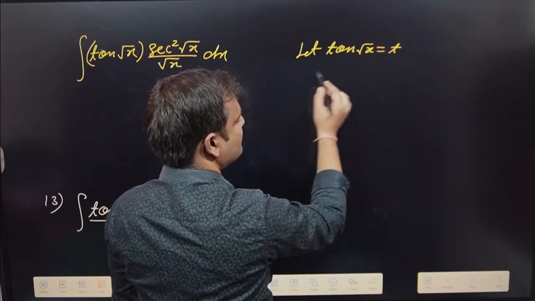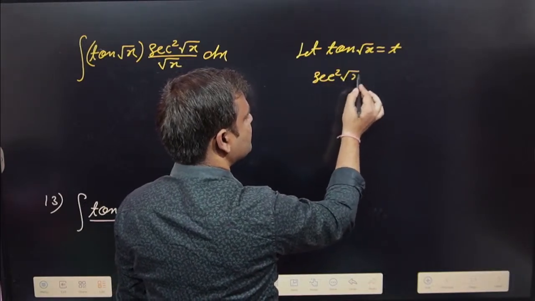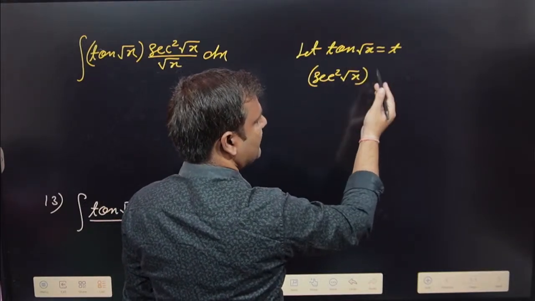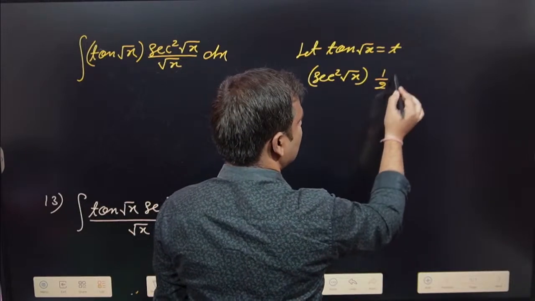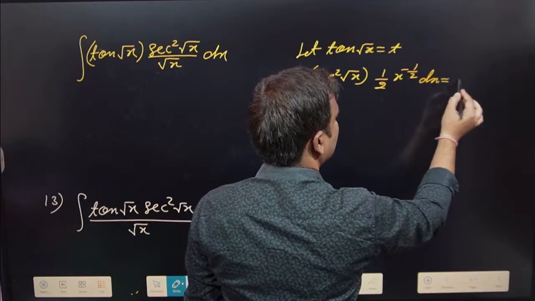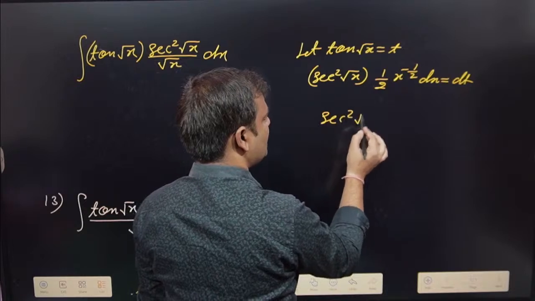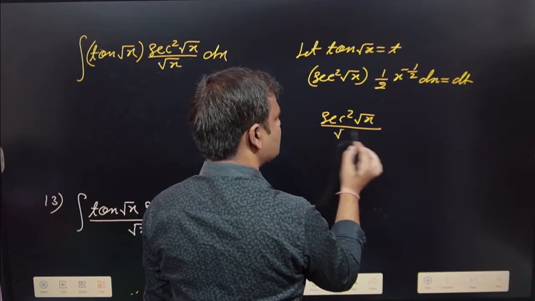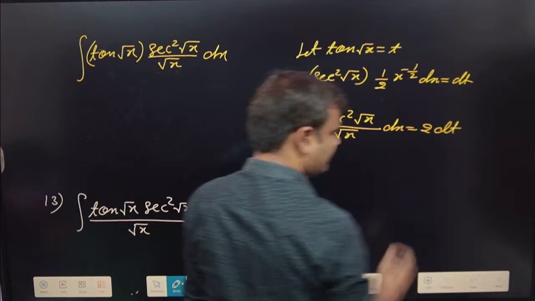If we differentiate both sides, then we get sec square root x into the derivative of x to power 1 by 2, that is 1 by 2 into x to power minus half dx, equal to dt. So you can say that sec square root x divided by root x dx is replaced by 2 dt.